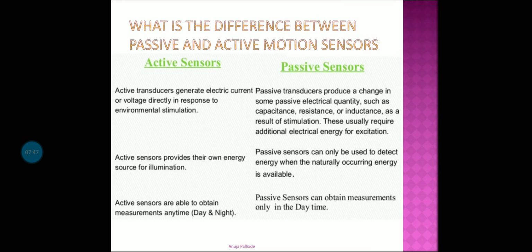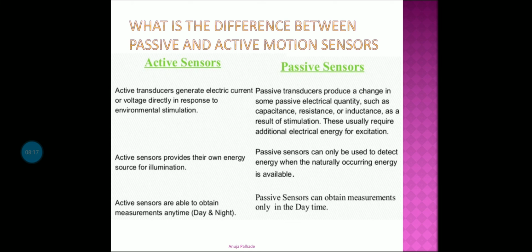This is the differentiation between the active sensor and passive sensor, students. You can read it out. An active transducer generates electric current or voltage directly in response to environmental stimulation. A passive transducer produces a change in some passive electrical quantity such as capacitance, resistance or inductance as a result of stimulation. Active sensors provide their own energy.